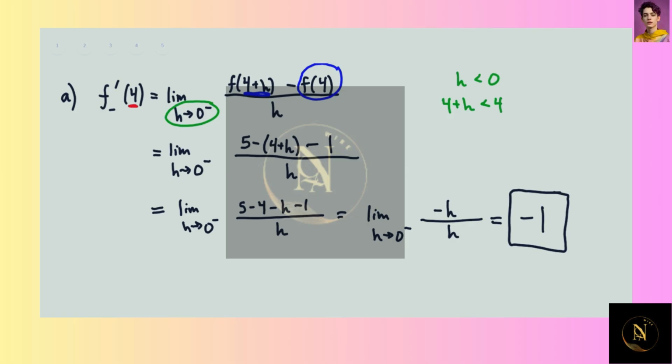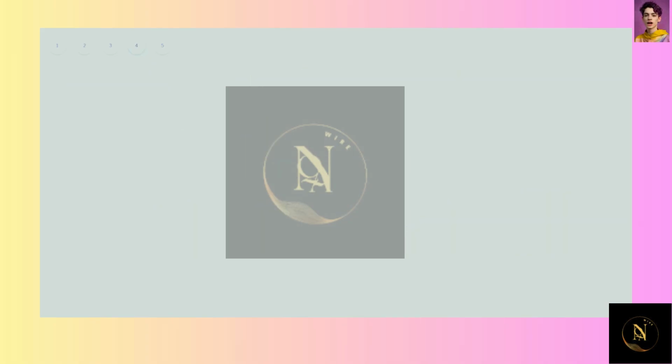Okay, we're halfway through part A. Now to get the right-hand derivative, we simply do the exact same thing using their definition, and only one small thing will change. So let's take the right-hand derivative of f at 4. The only thing that changes, if we look at their definition, is that h will now approach 0 from the right.